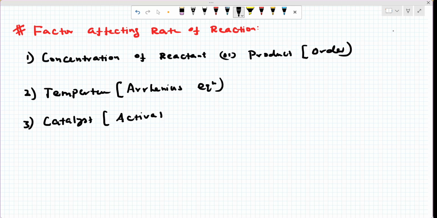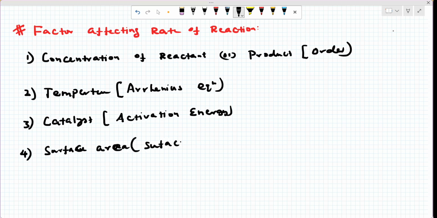And fourth one, the surface area. Generally this fourth thing also affects the rate of reaction.